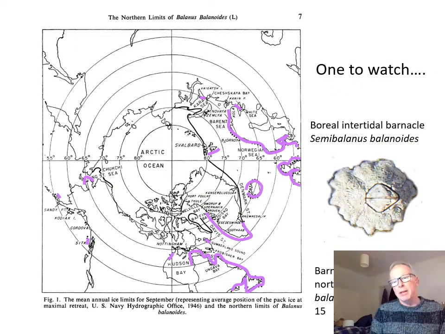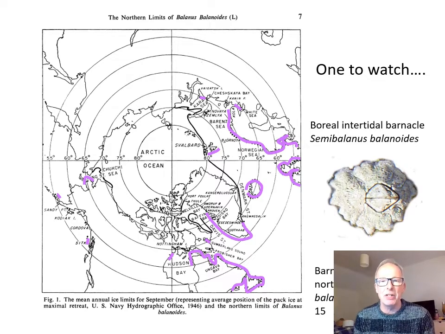Here's another one we might consider watching, that barnacle Semibalanus balanoides again, extended all the way up as far as the average position of the pack ice in the 1950s. Now that's changed a lot since then, so on re-analysis we would expect this species to have extended its northern limit far further north since the 50s.